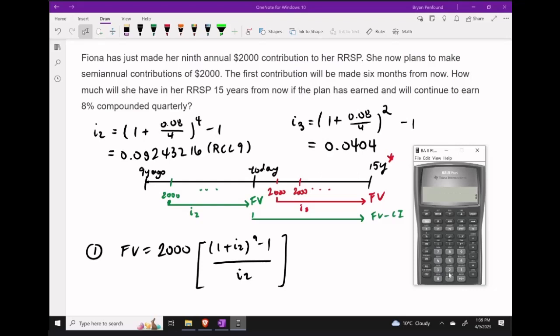Subtract 1 from this value. And then we need to divide this by I2, or recall number 9. That should give us about 12.6. We're going to multiply this by our payment size of $2,000. That gives us about $25,230.14 as the future value that lands at the today focal point.